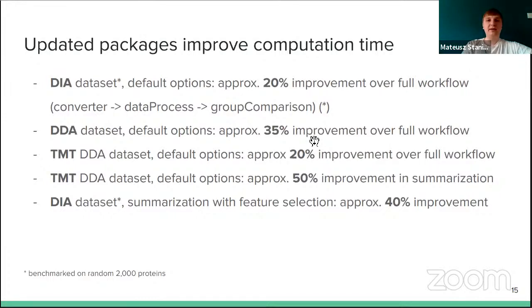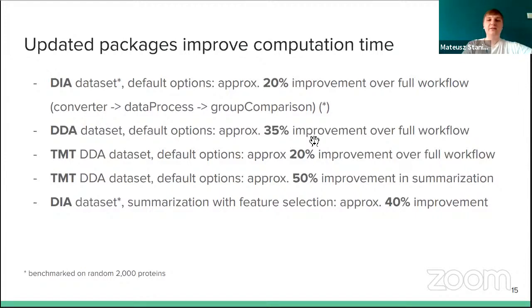So to give you an idea, a couple of examples. With the default options, if we look at one of our DIA datasets, 20% improvement over full workflow, so from converter through data process to group comparison. On a DDA dataset, something like 35, 40% improvement over full workflow.